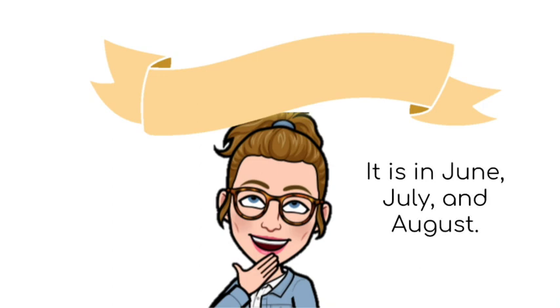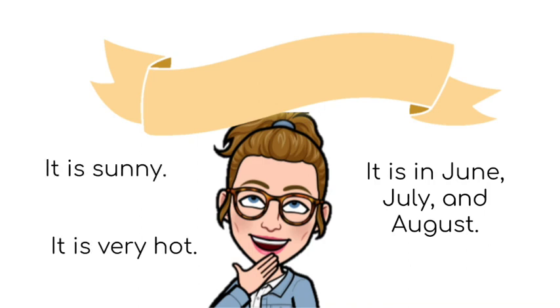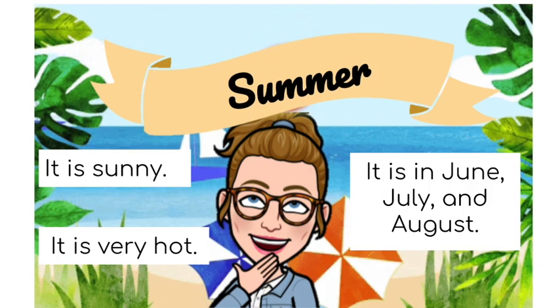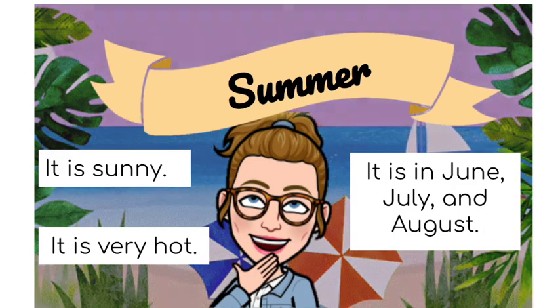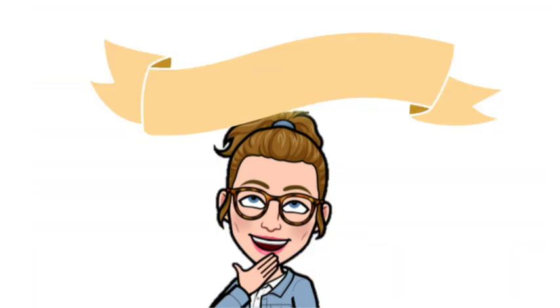Guess the season. Oh, this one is in June, July, and August. Do you know those months of the year? It is very hot and it is sunny. Do we know the season? Of course. The season is summer. Okay.